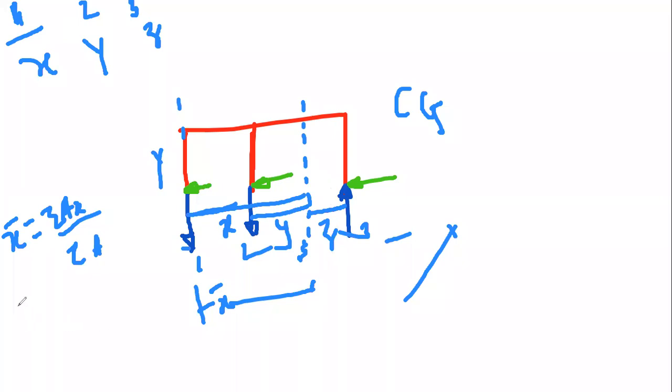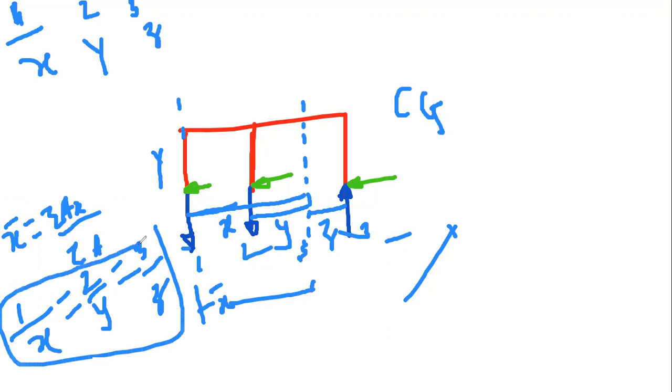Axial force 1 divided by x is equal to axial force 2 divided by y, which is equal to axial force 3 divided by z. This proportion will be constant. This is our third assumption.